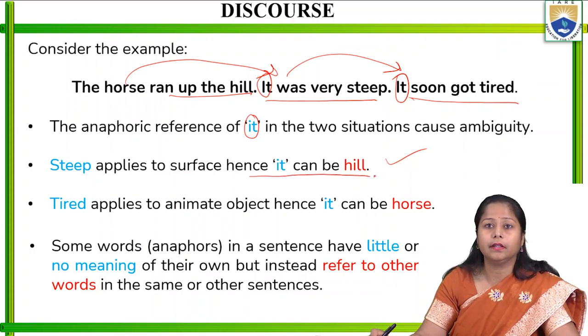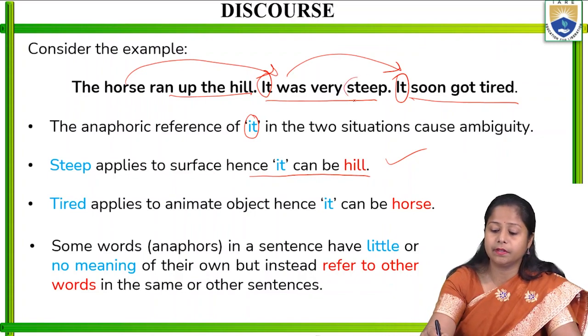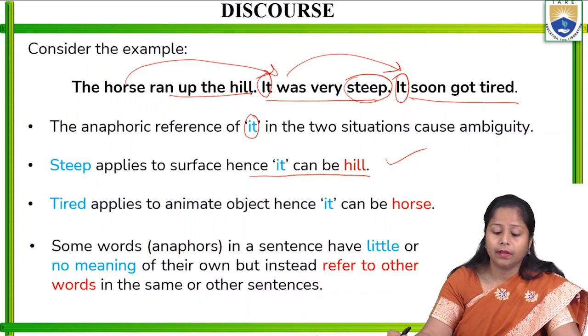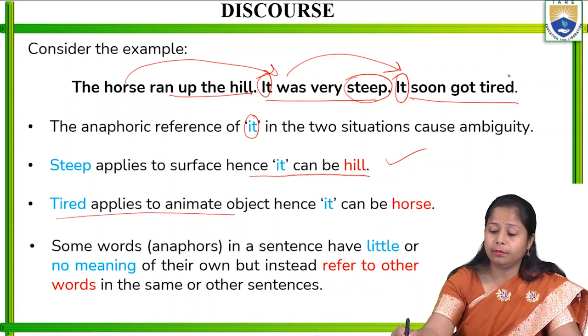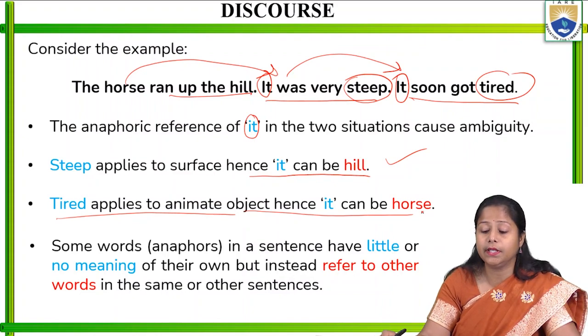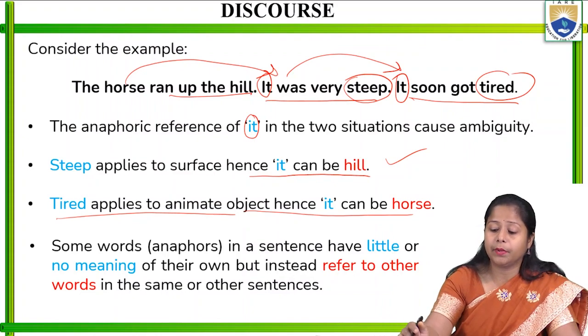So the horse ran up the hill, it was very steep. A steep can be there if it is a surface, and that can be a hill. Tired applies to an animate object, hence it can be the horse. So these two are interpreting different meanings, right?